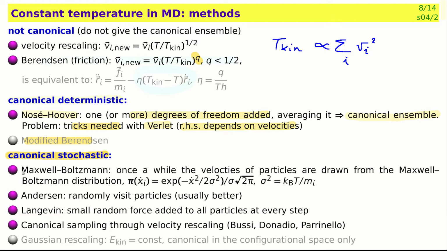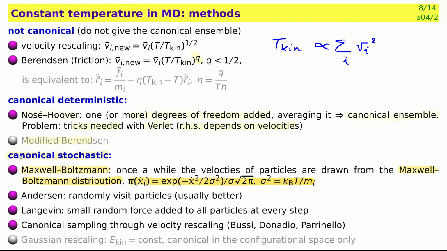One type, the so-called Maxwell-Boltzmann thermostat, means that we run a normal microcanonical simulation, and once in a while we stop it, keep the positions of our particles, but use new velocities, which are drawn from the correct Maxwell-Boltzmann distribution at a given temperature. There are some formulas for this. I will not derive them here. It's not important.